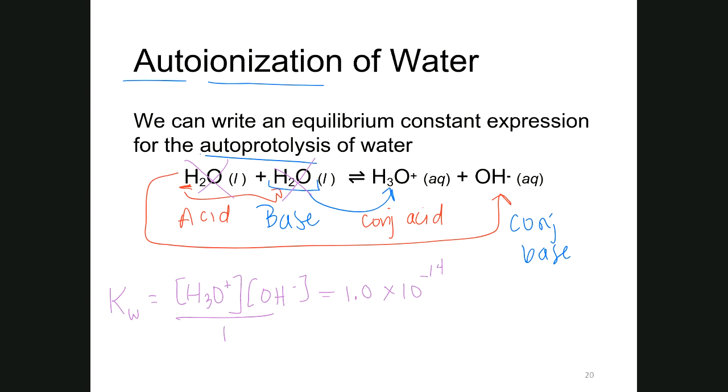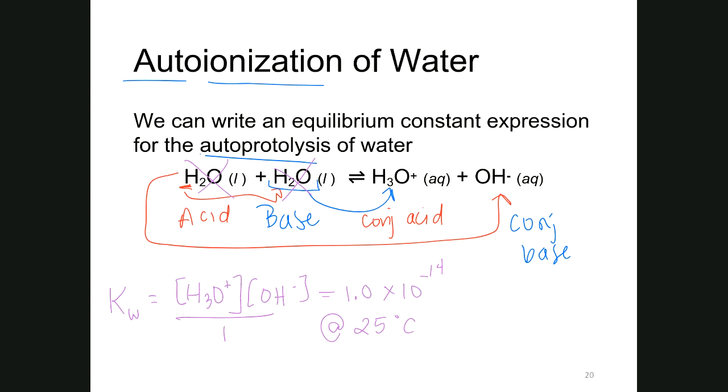And remember that all of these K values are specific to a given temperature. So our temperature here is going to be 25 degrees Celsius. So unless it is explicitly written out in a question, we should always assume that we are operating at 25 degrees C, because that way we can use this value for our Kw. Remember, K does not have units, so there's no unit associated with the 1 times 10 to the negative 14.